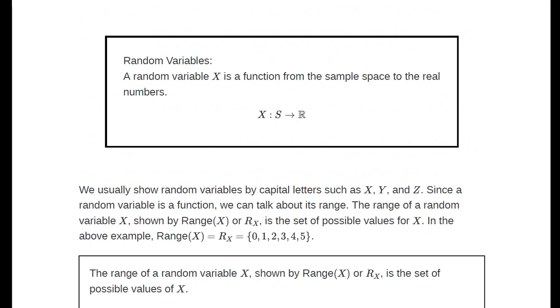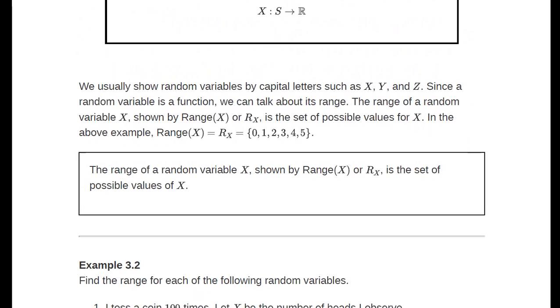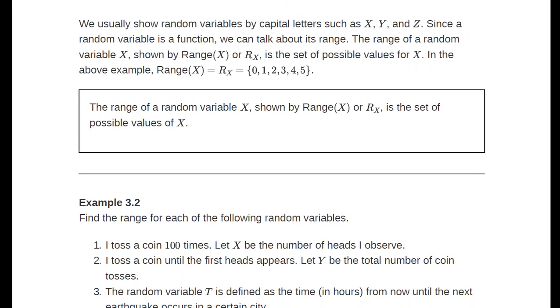The definition of a random variable is: a random variable X is a function from the sample space to the real numbers. We usually show random variables by capital letters such as X, Y, and Z. Since a random variable is a function, we can talk about its range.